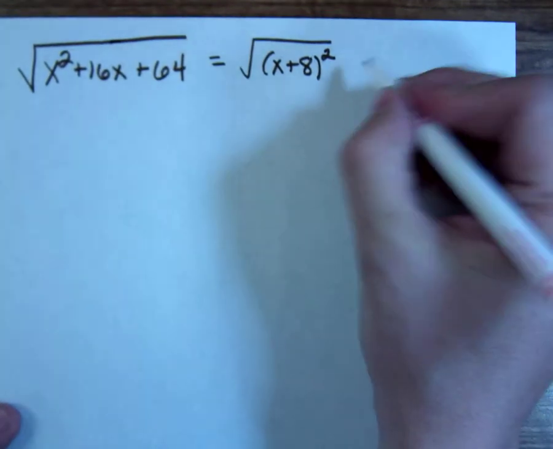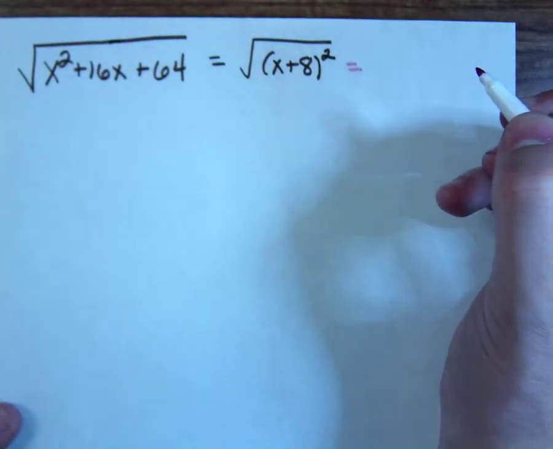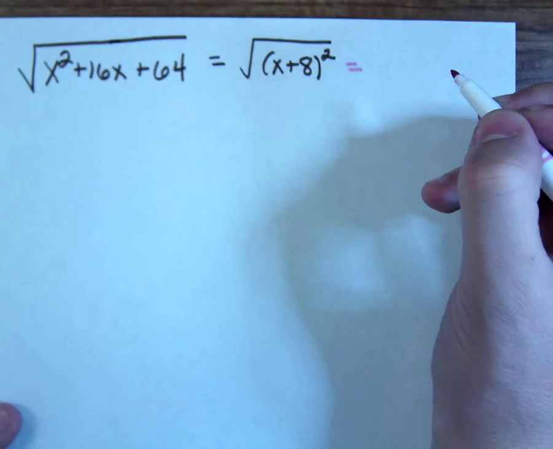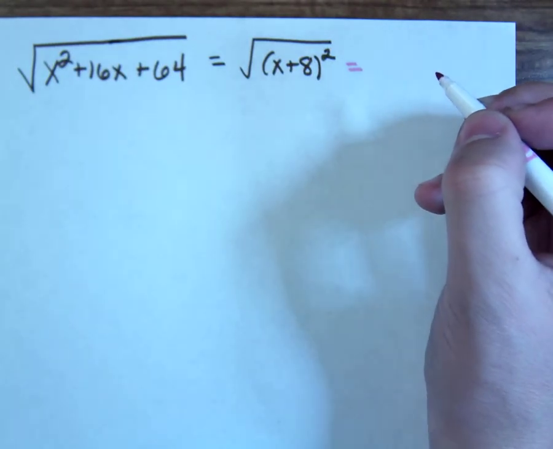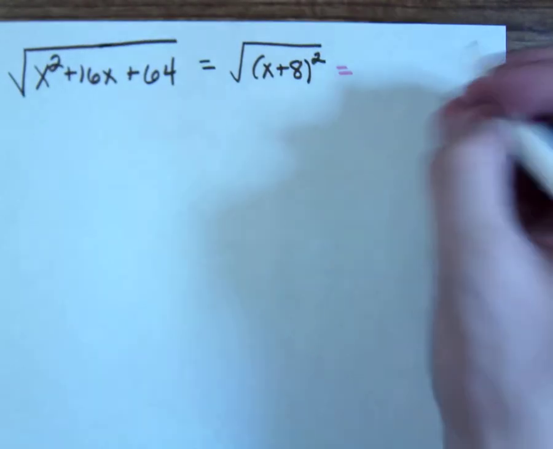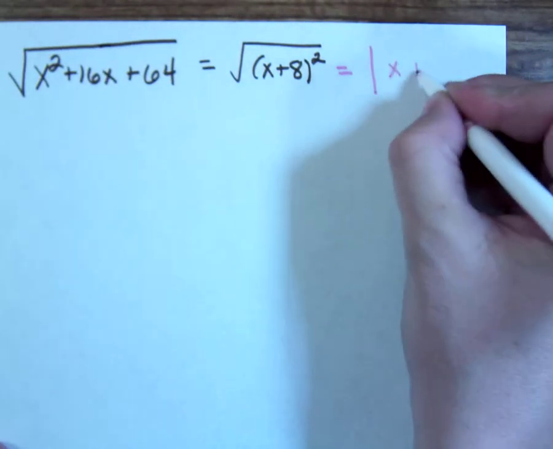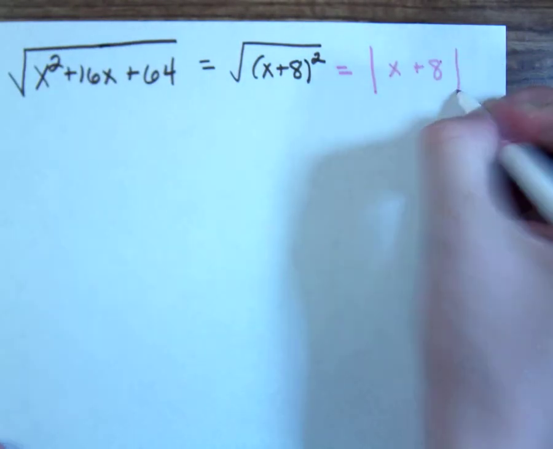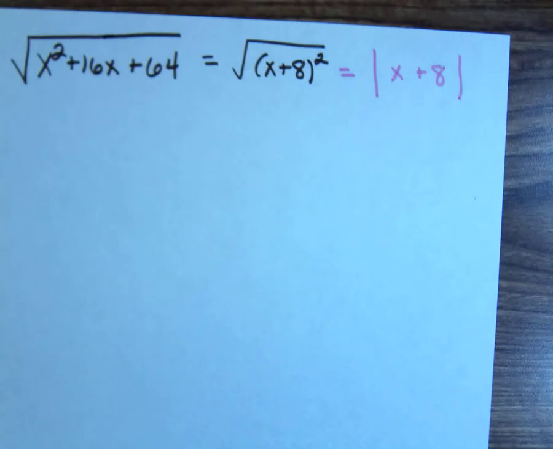Which means my answer is the absolute value of x plus 8. It must be in the absolute value marks because we have to specify that whatever this turns out to be, it's got to be positive.